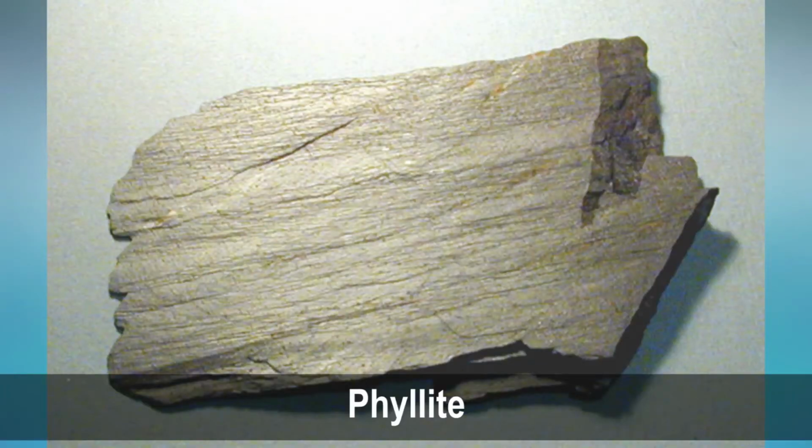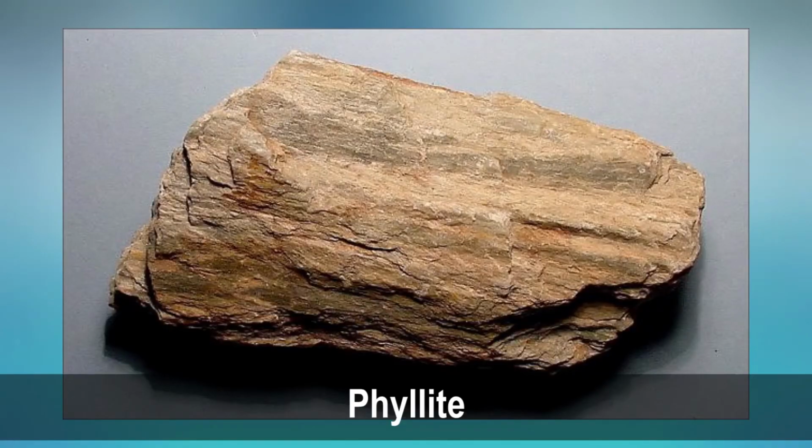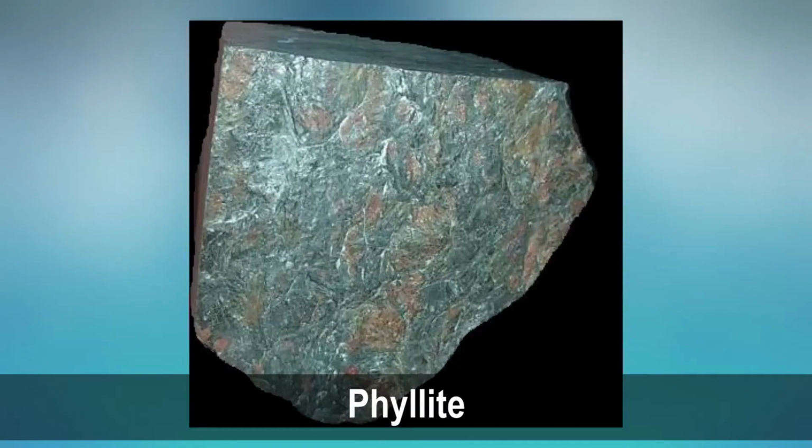Phyllite is a low-grade metamorphic rock consisting mostly of fine-grained micas, but the mica crystals are larger than those in slate and are large enough to be just barely visible to the naked eye. Phyllite typically develops from slate at temperatures around 300 degrees centigrade.